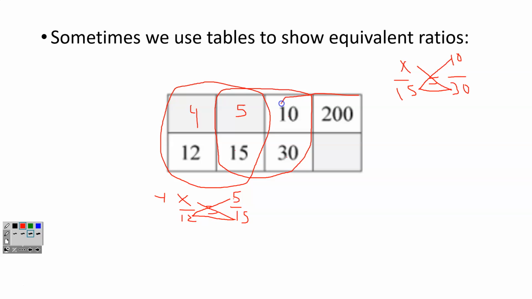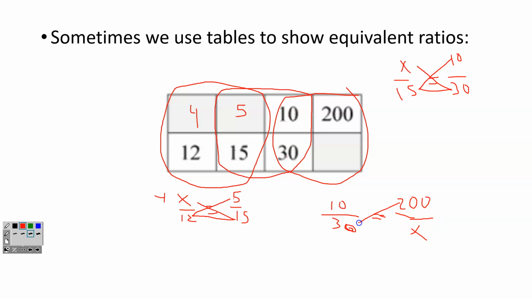Or I could use this side now. And I can say 10 over 30 equals 200 over x, because I don't know what this spot is. Sorry, my mouse is having a really hard time.